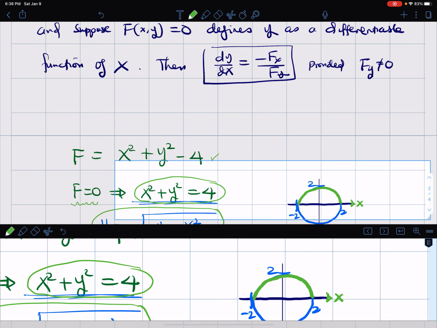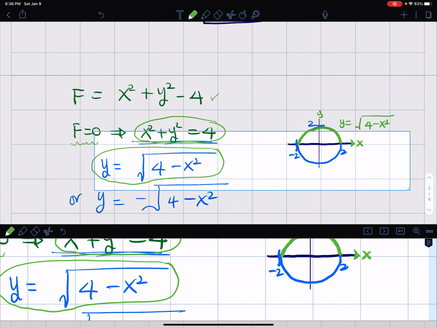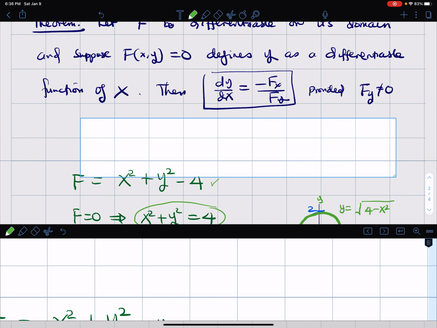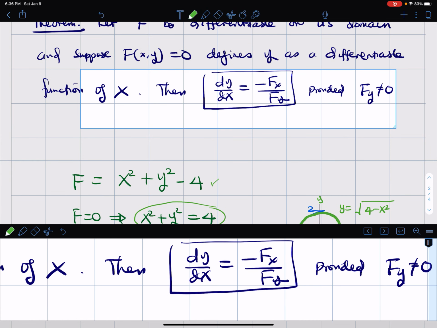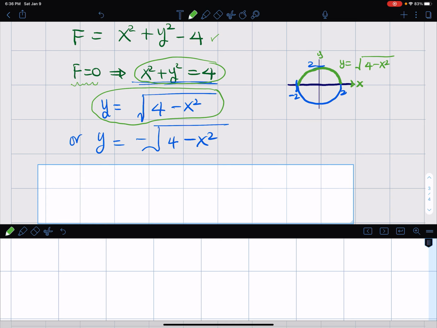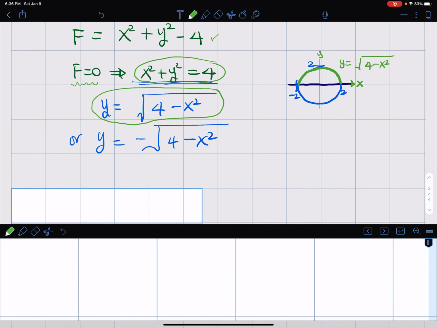This is the x-axis, this is the y-axis, so this is y equals square root of 4 minus x squared. Then, to find dy/dx, we just have to find the partial of f with respect to x, divided by the partial of f with respect to y, and throw in a negative sign in front of it. Okay, so let's try this.